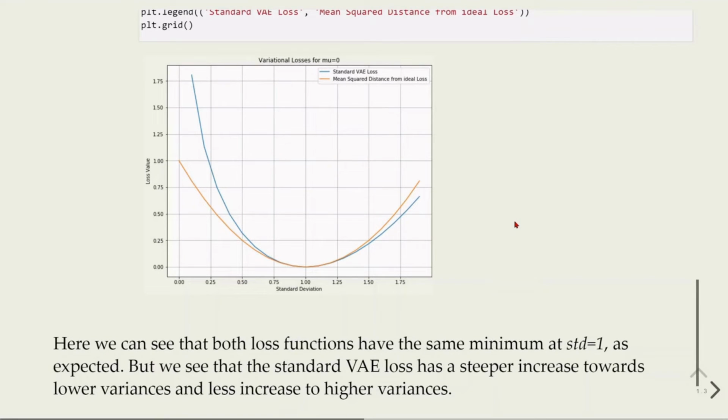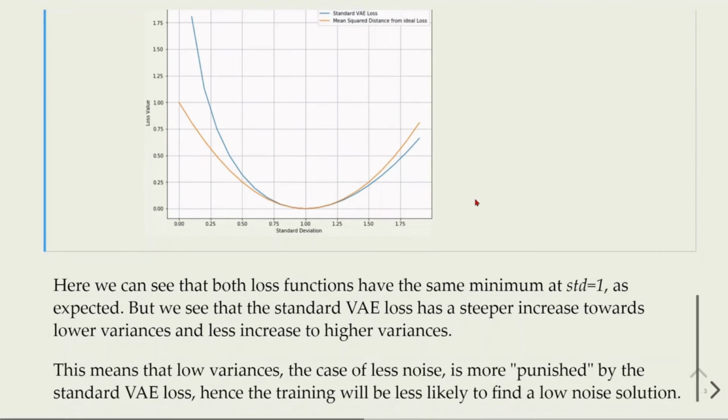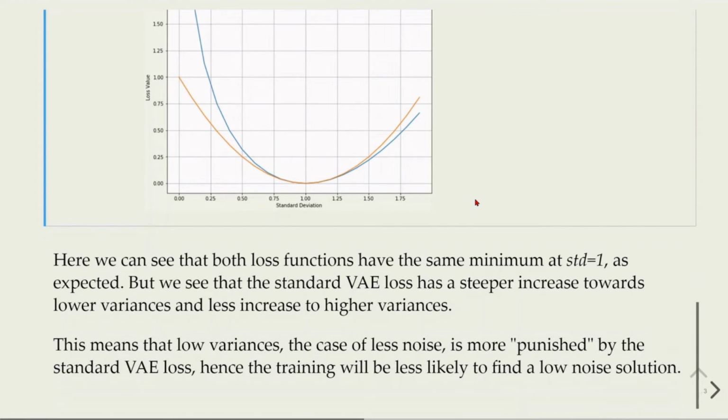Here we can see that both loss functions have the same minimum at sigma equals 1 as expected. But we see that the standard variational autoencoder loss has a steeper increase towards lower variance and less increase to higher variances. This means that low variance, the case of less noise, is more punished by the standard variational autoencoder loss. Hence, the training will be less likely to find a low noise solution.